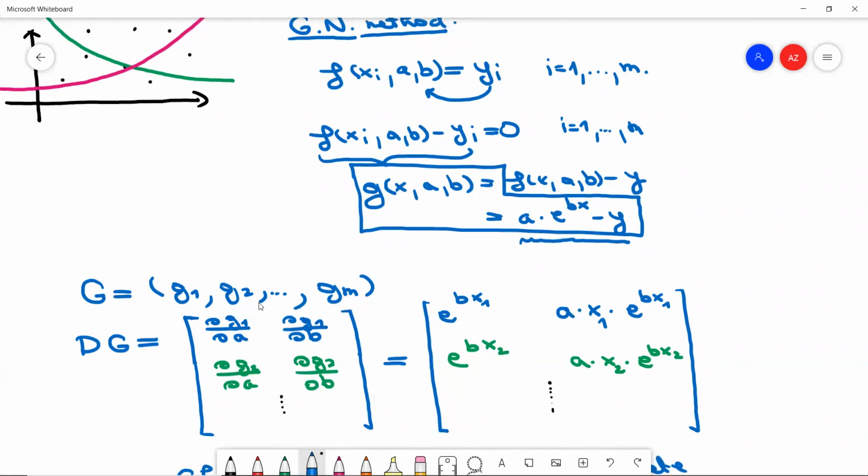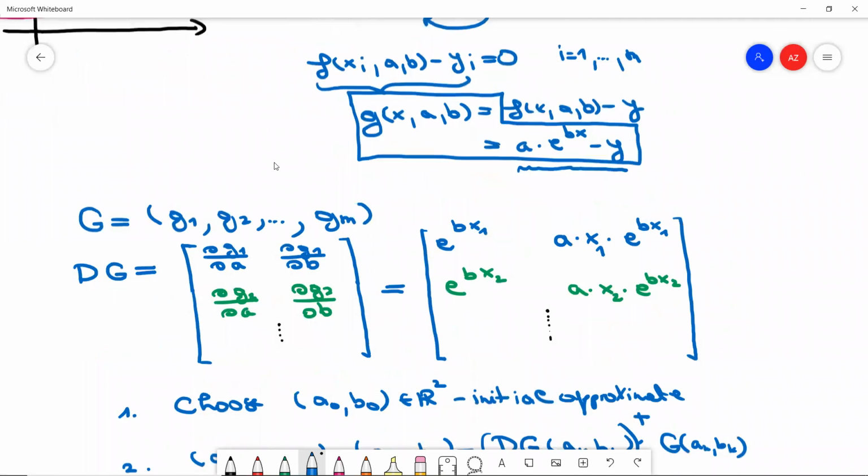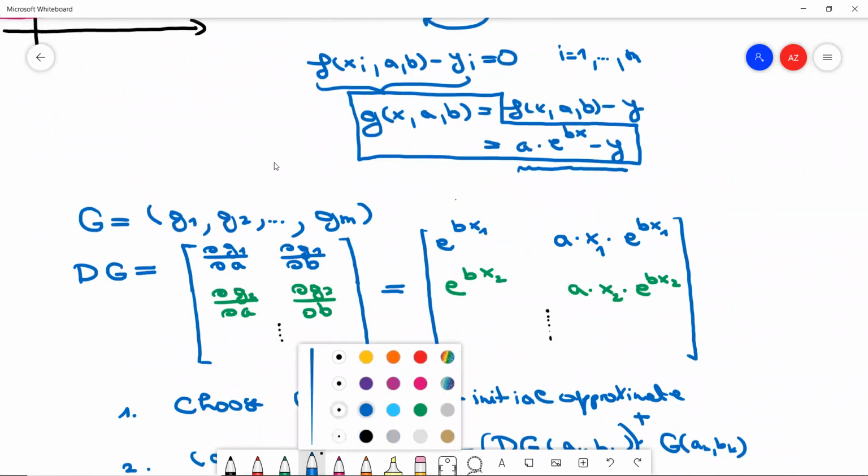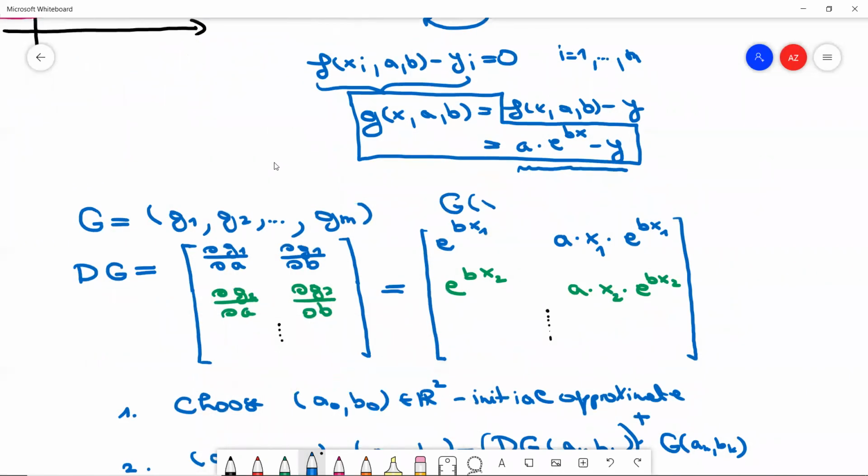And since the system is not exactly solvable, we're searching for the solution by the least squares method, which means that we are minimizing the norm of the vector G1(a), G2(a) up to Gm(a). So G(a,b) is equal to 0. This is our system.